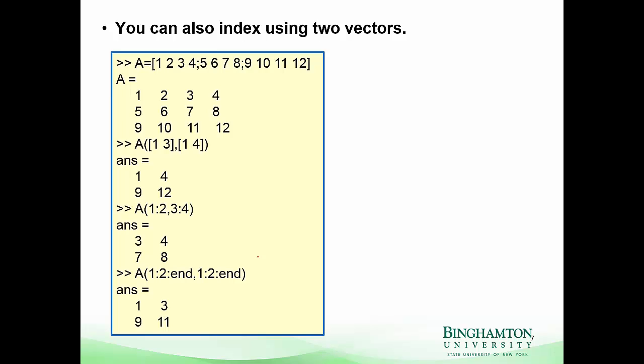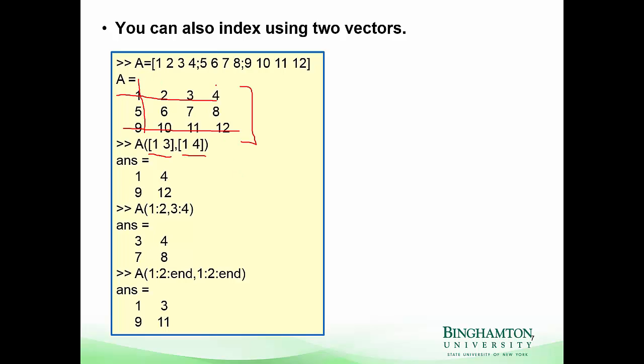Now you can also index using 2 vectors. So we were just showing 2 slides back how to index a single element out. Just like we did when we were indexing vectors with vectors, we can index matrices with vectors. So here's our example matrix. And if I put in 1, 3, I'm asking to focus on the first and third rows, but also the first and fourth columns.